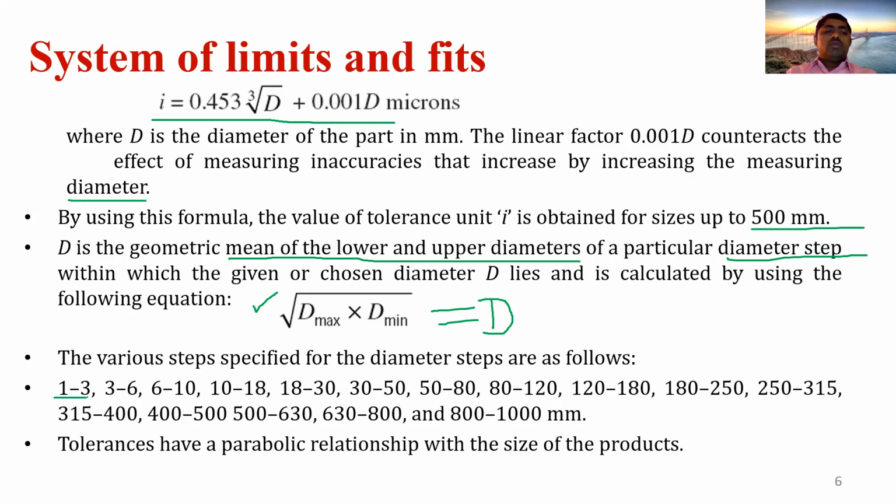The steps are 1 to 3, 3 to 6 mm, 6 to 10 mm, 10 to 18 mm, 18 to 30 mm. If the diameter lies between 18 and 30, you have to choose the minimum diameter as 18 and the maximum diameter as 30. Suppose the given diameter lies between 30 and 50, then you choose 30 as the minimum and 50 as the maximum.